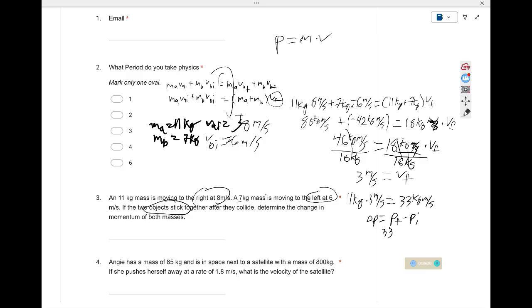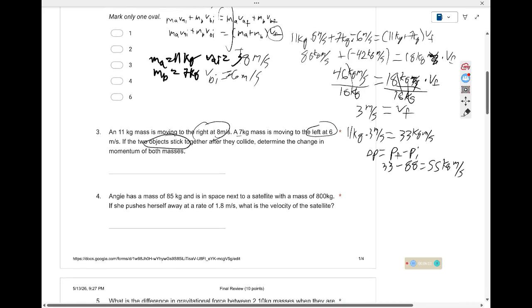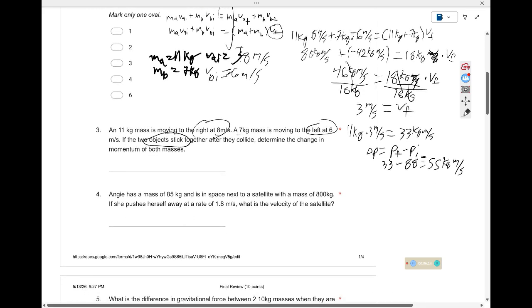So we're going to go 33 minus 88, and we get negative 55 kilogram meters per second. Okay, so the 11 kilogram mass lost 55. The other one, we're going to go 7 kilograms times 3 meters per second. That's going to give us 21 kilogram meters per second.